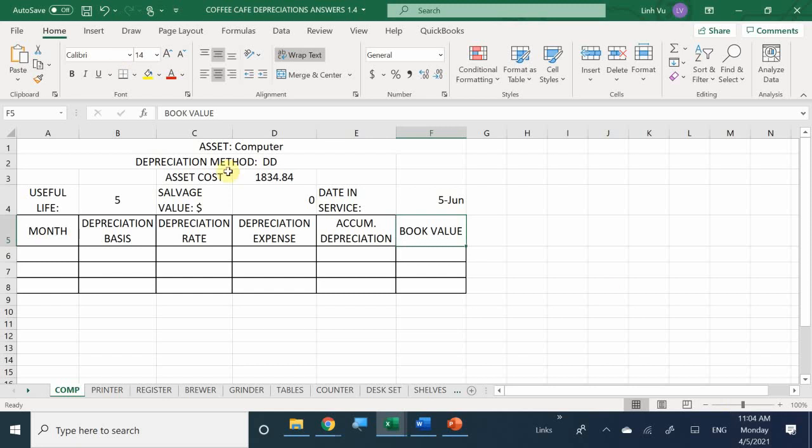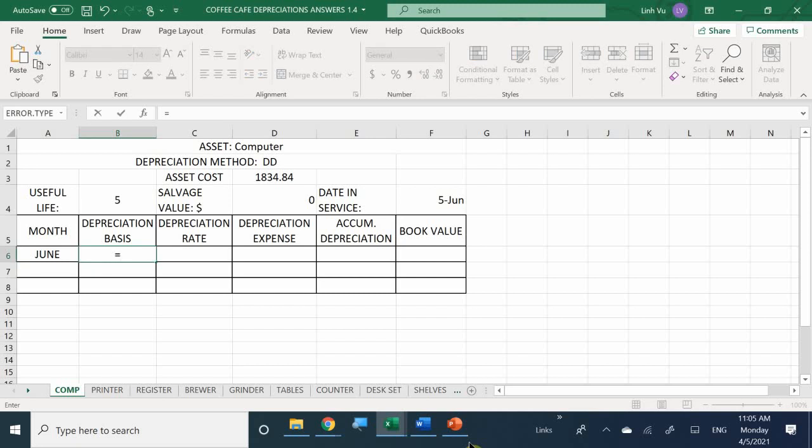So, once again, this is double declining. So how do we calculate double declining? So what's my depreciation basis going to be? Yes, because it's going to be your beginning of the year's book value. Salvage value has no effect in here until you reach the very end.